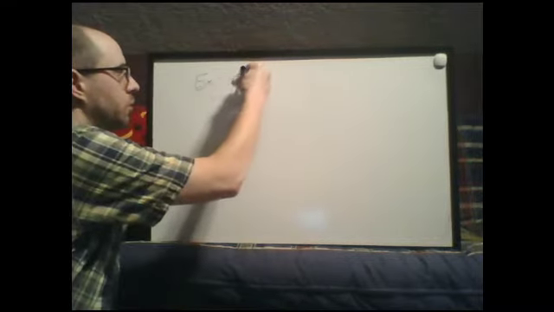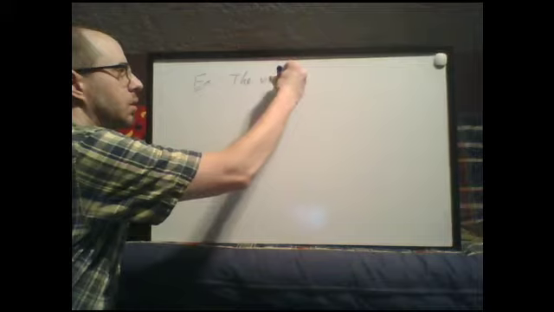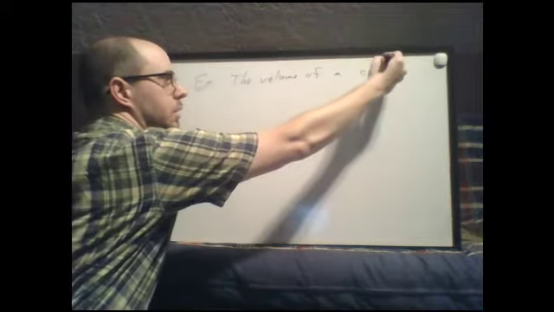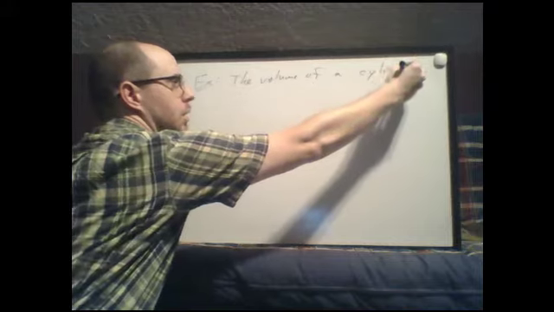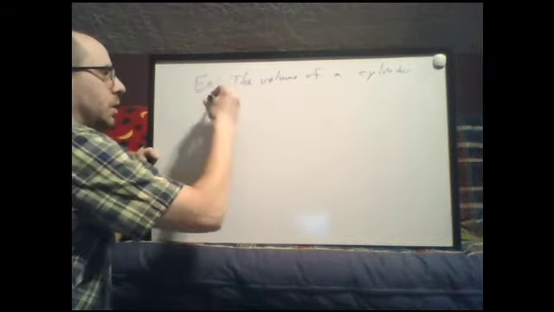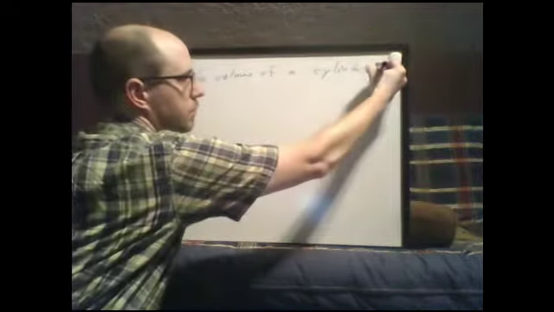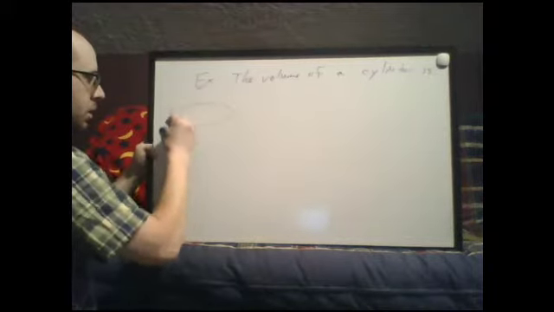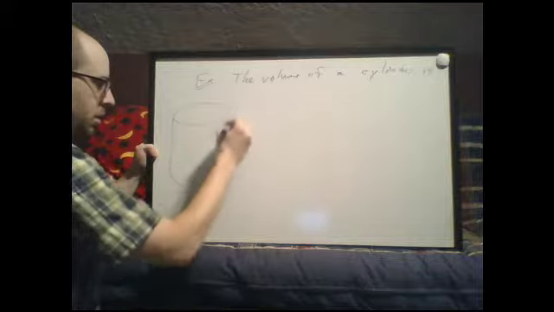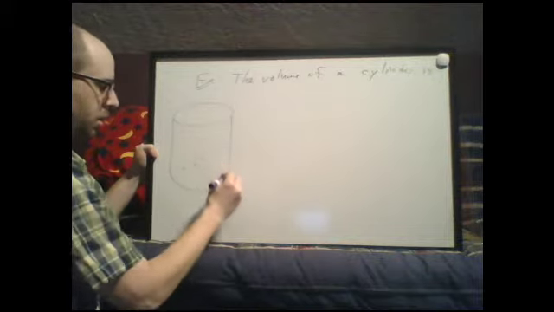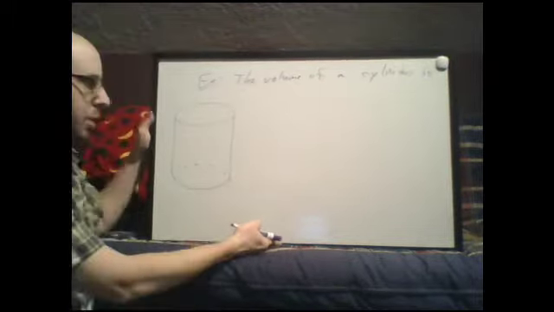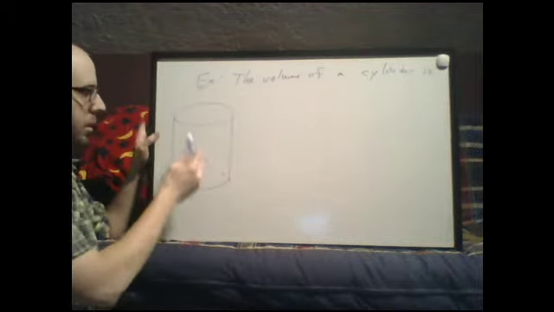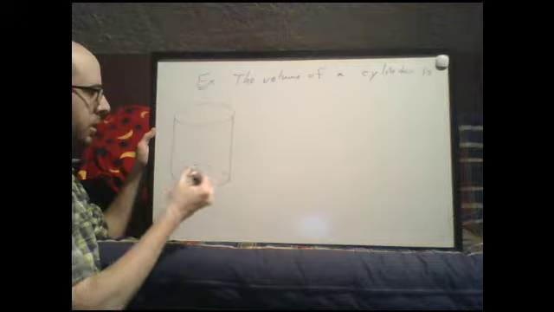So the volume of a cylinder is, so let me draw a picture as I write this. Okay, so I have a three-dimensional object here, a cylinder. It's a circle at the top and the bottom, and then it's just extended through space here.